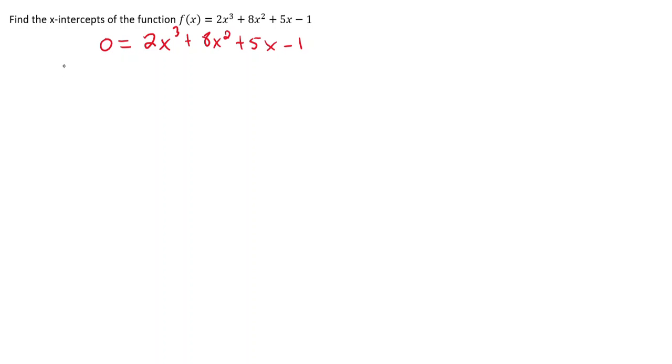So what is f of 1? If we put that in, that'd be 2 times 1 cubed plus 8 times 1 squared plus 5 times 1 minus 1. I end up with 14, so that's definitely not a 0.